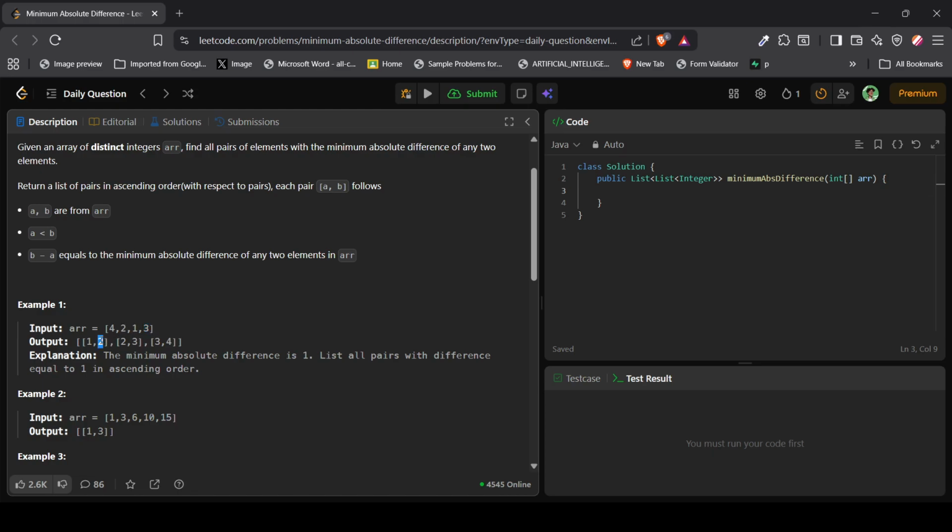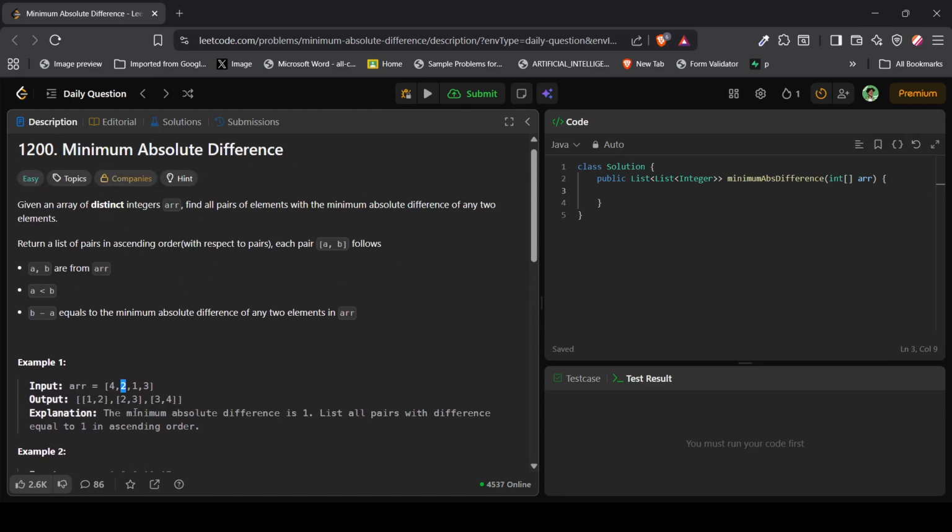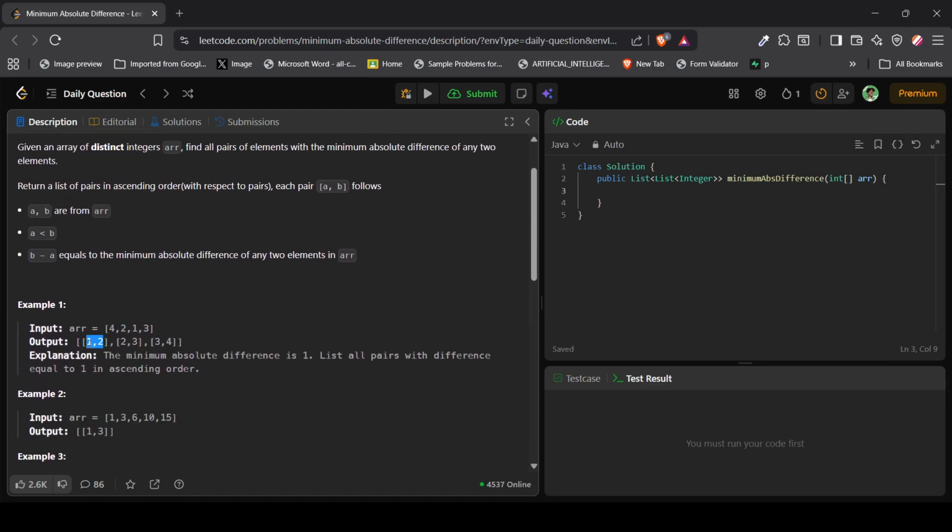So we have considered 2 two times, even though 2 is there one time. So from this we can understand that it isn't moving two times forward, it is moving one time forward, right?